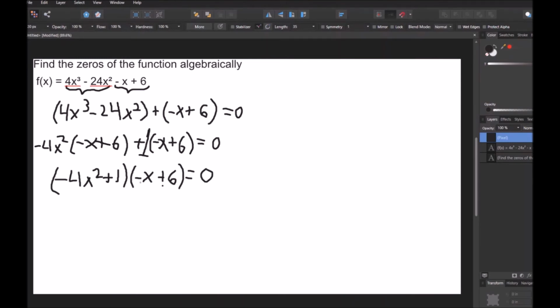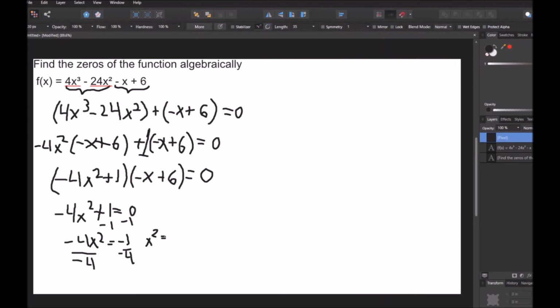Now from here, I can set each of these factors individually equal to 0. So I'll have negative 4x squared plus 1 equals 0. I'll subtract the 1, and I'll have negative 4x squared equals negative 1. Then I'll divide by negative 4, which equals positive 1/4, because we're dividing two negatives.